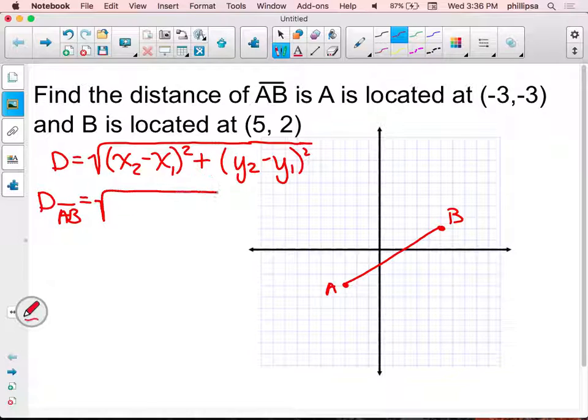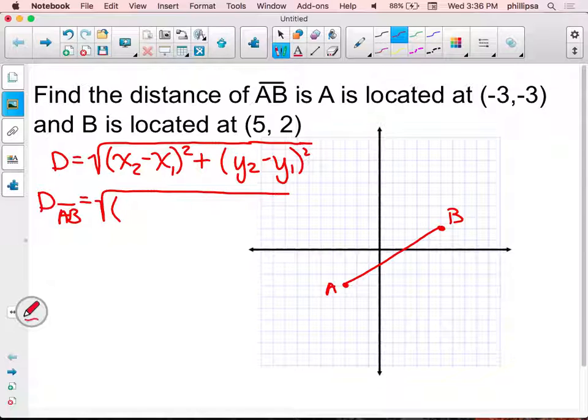Okay? So if I was going to be looking for the distance of AB, I'm going to use my formula. I'm just going to simply be plugging in my points. It doesn't really matter whether you call A your first point and B your second point, okay? Generally speaking, I usually read my lines left to right, so I'll call my B's my second points and my A's my first points, but it doesn't matter, you get the same answer.